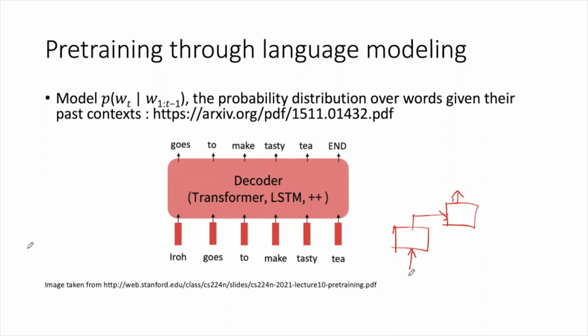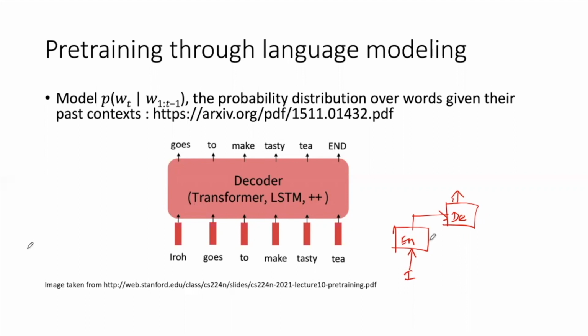So we have an input, an encoder, and a decoder here. In the original setting of the transformer, there was no pre-training done.